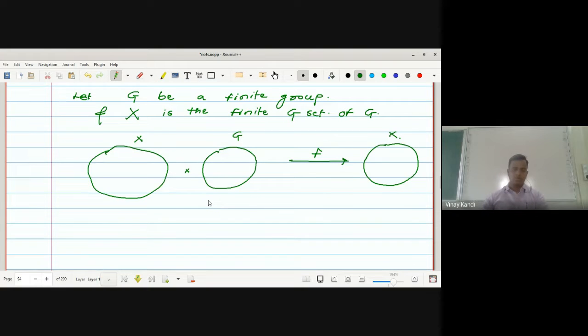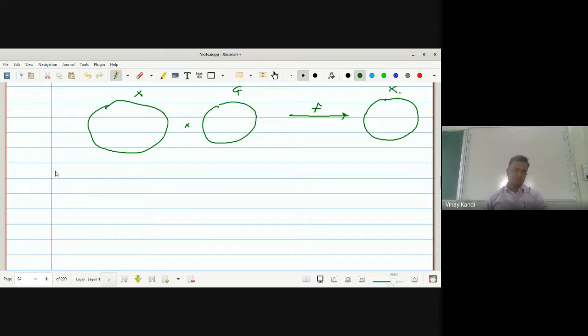Now let O1, O2, O3 up to so on Or be the orbits of X in G. What is the meaning of this?